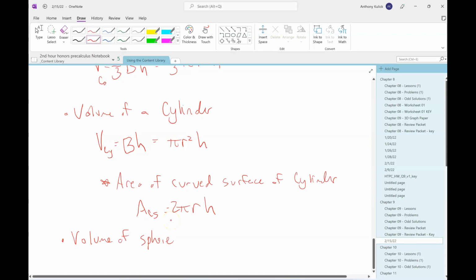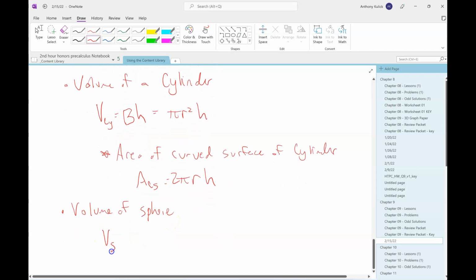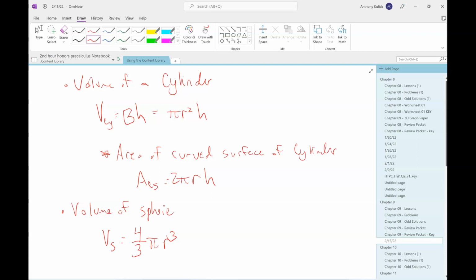So the volume for a sphere, does anybody remember that guy from your geometry days? It's a rough one. Four-thirds pi r cubed. Woof, it's okay.